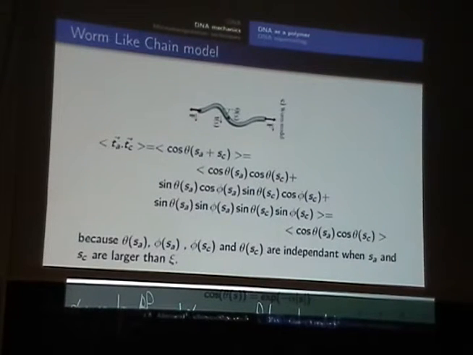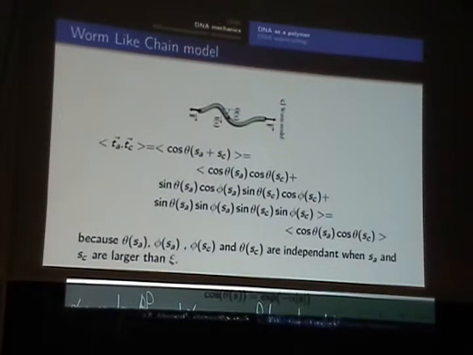So we have a function, cosine of theta, whose cosine of the sum gives the product of the cosines, and the value goes to 1 when you go to 0.